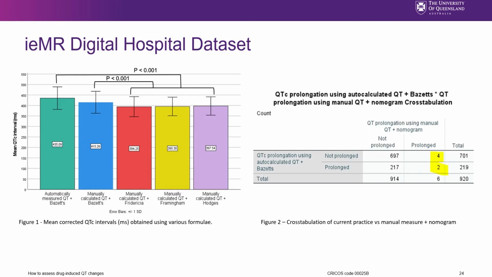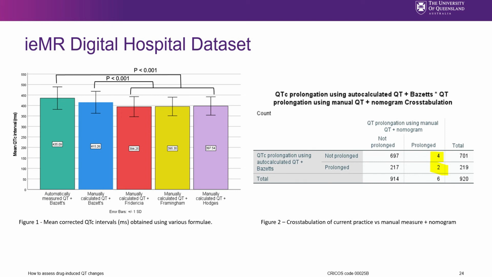Allow me now to demonstrate why relying on the ECG report values, where the machine automatically measures the QT and uses Bazett's formula, is not a reliable way to identify patients who are at risk of torsades when compared to manually measuring the QT and using the QT nomogram.